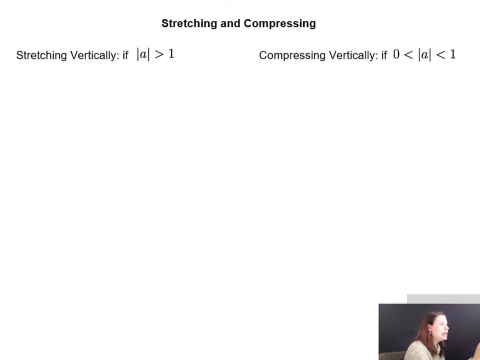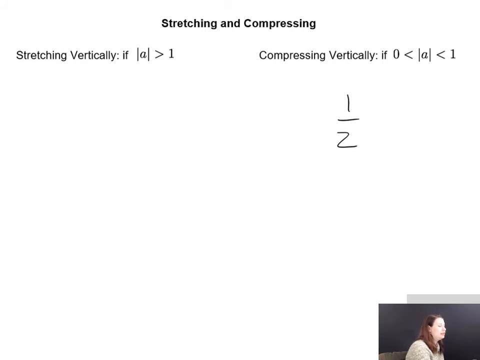So if A is 1/2, instead of multiplying your x values by 2 and getting bigger y's, you're cutting your x values in half. And so then you're not getting anywhere as quick. You get there, but not at the same time. It takes longer to get as high.